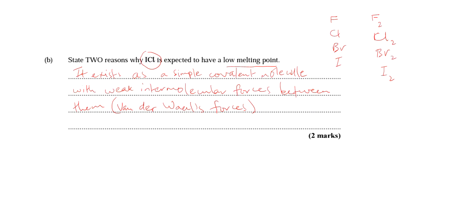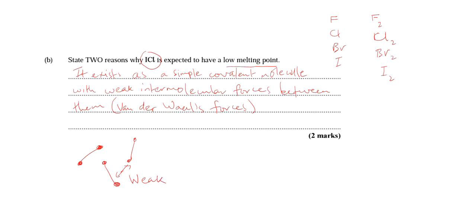So basically ICl will probably exist something like this. You have the ICl molecule looking like this, and if we have our next ICl molecule and another one somewhere here, we're going to have forces existing between the molecules, and this force is weak.